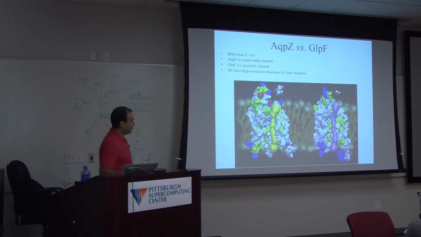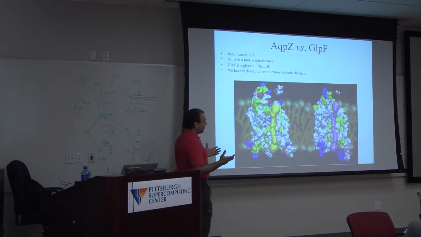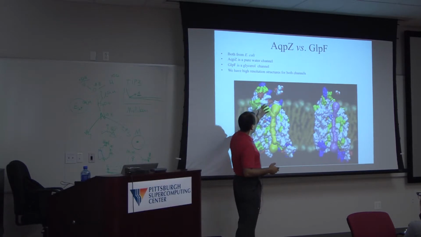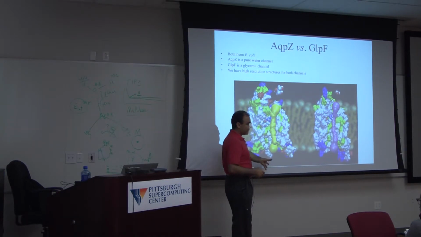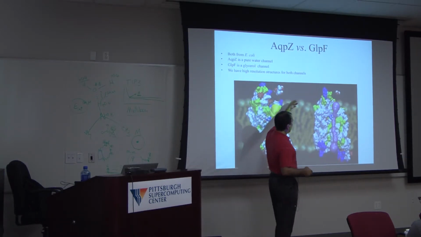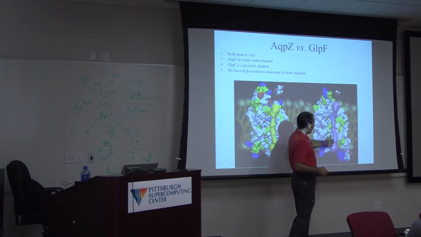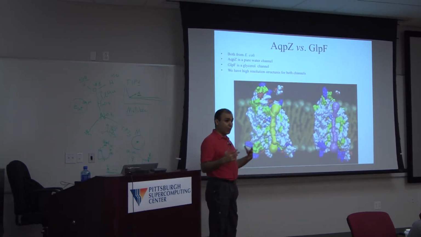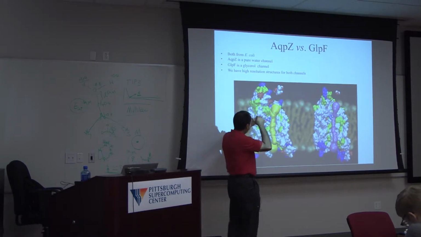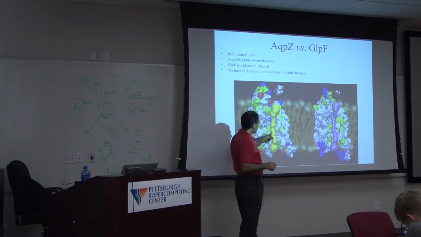But the idea was to energetically understand this. So what we did was to look at the permeation of glycerol through a glycerol channel and try to characterize the energetics. And then look at glycerol permeation through a pure water channel and see if we can identify the position of barriers. Why doesn't it go through the pure water channels? So you might expect this to happen.